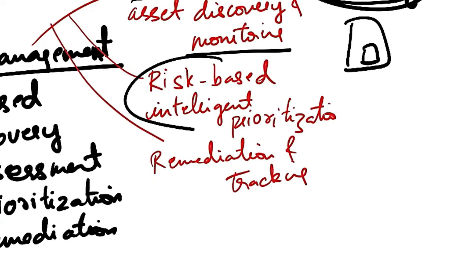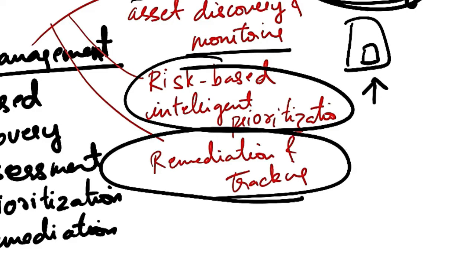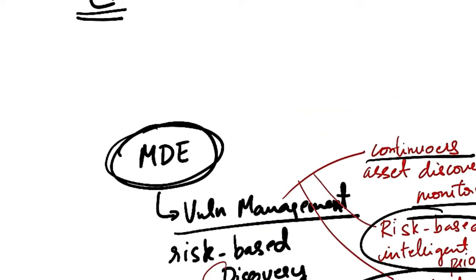Then it uses Microsoft's threat intelligence, breach likelihood predictions, business context, and device assessments to prioritize the critical vulnerabilities. And it has built-in workflows for seamless remediation and tracking. So that is about vulnerability management capability of MDE.